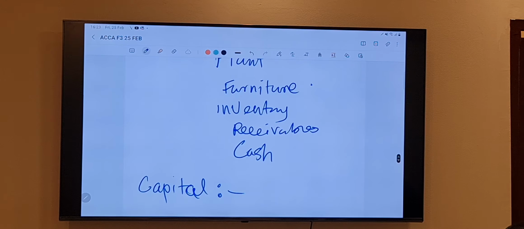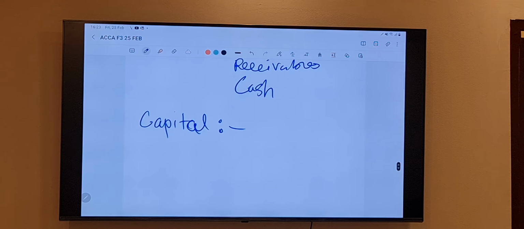Most of the time, in our mindset, what we understand is that capital is only the money the owner brings. But it is not the case. The owner can also bring a vehicle, a furniture, a table, a cupboard. He can bring a cupboard from his home. Then that is also part of his capital.